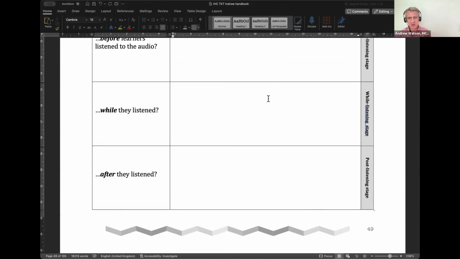So here's the link to the presentation, the materials, and I'll also give you the lesson plan. All right. So that will help you to fill in this table. I'm going to give you about 10 minutes to fill in as much of the table as you can. Just make notes about what the teacher did at each of those stages.